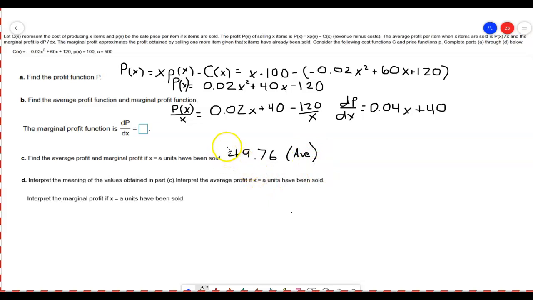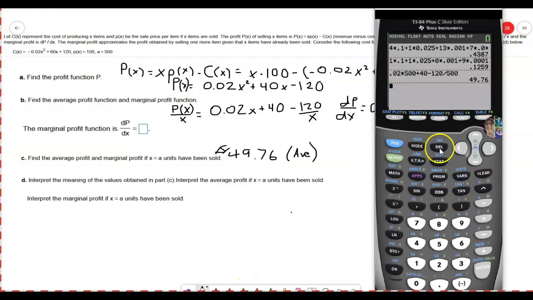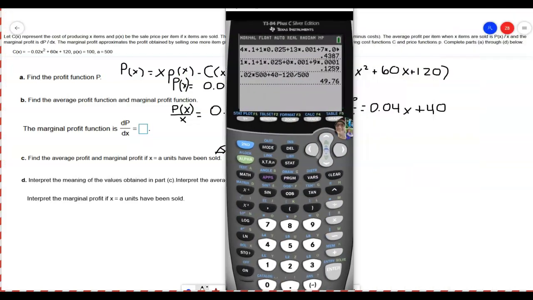All right, and then how about the marginal profit? Well, we're just going to plug it into this formula right here. So marginal says 0.04 times 500 plus 40.